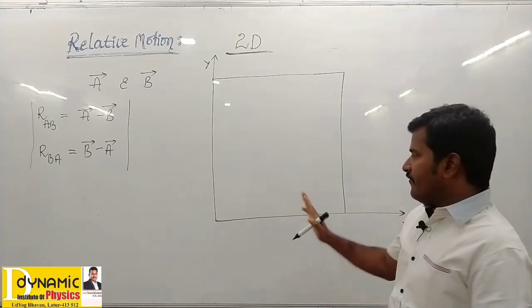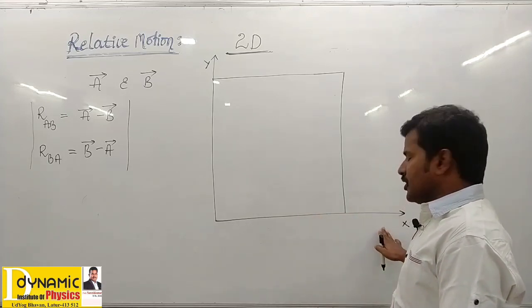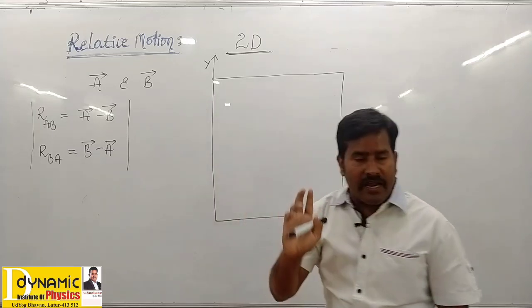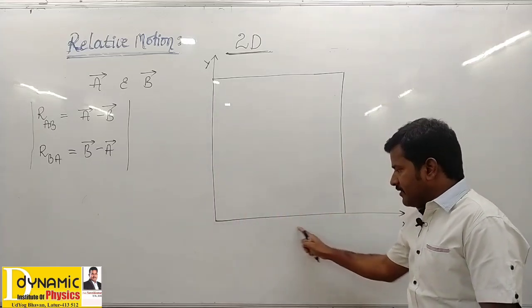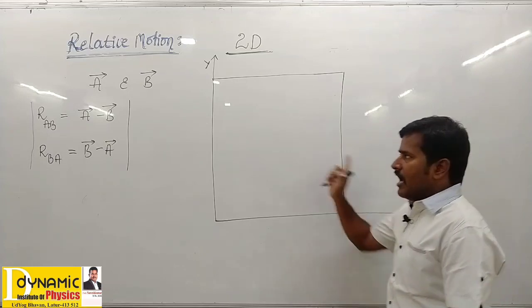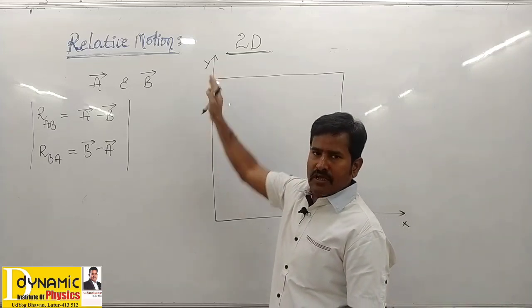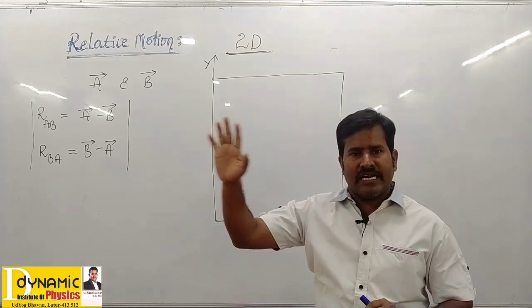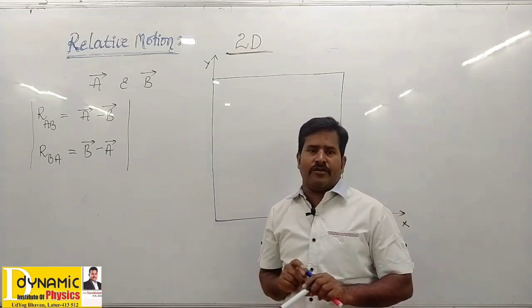Two directions of velocity: x direction velocity and y direction velocity. Two directions of acceleration: x direction acceleration and y direction acceleration. Two-dimensional motion means displacement, velocity and acceleration each have two values.